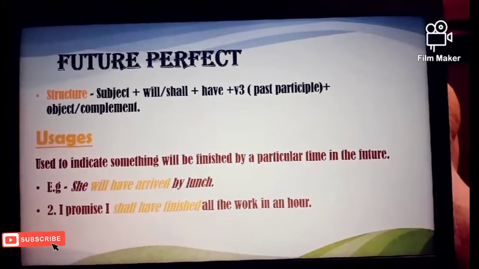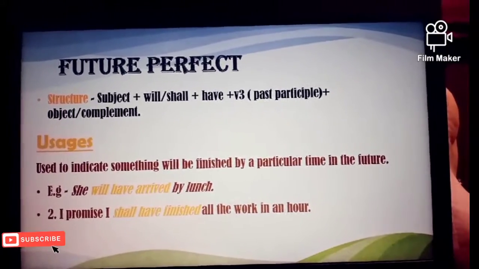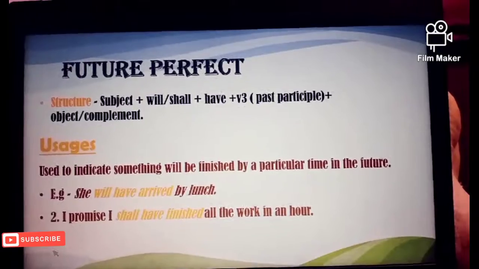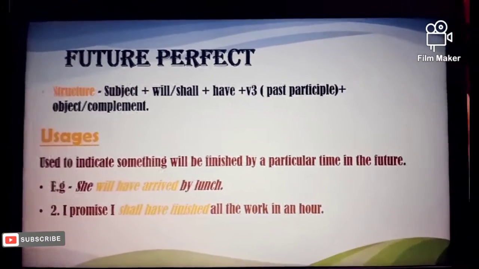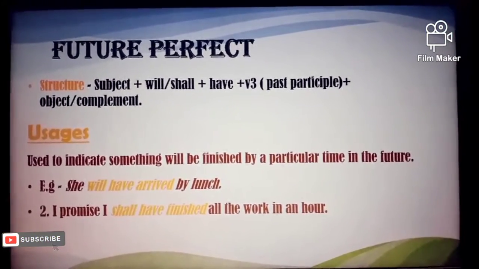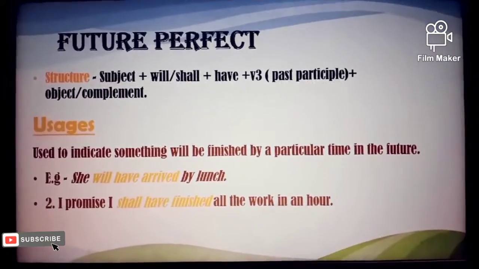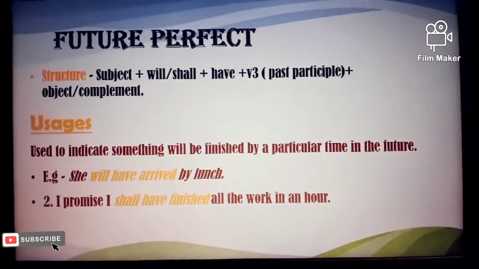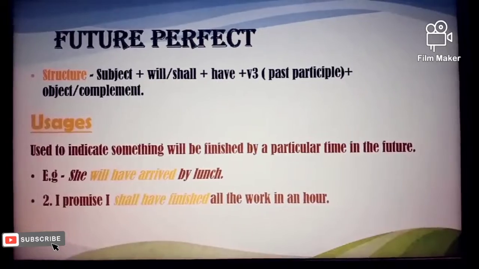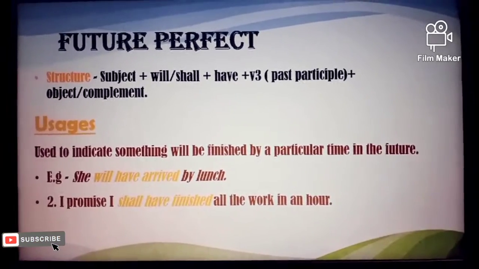And the V3 form is the past participle form of the verb, plus object or complement if there is anything. This is a common structure we need to follow while writing sentences in the future perfect tense.